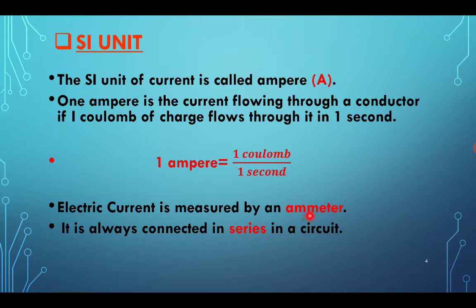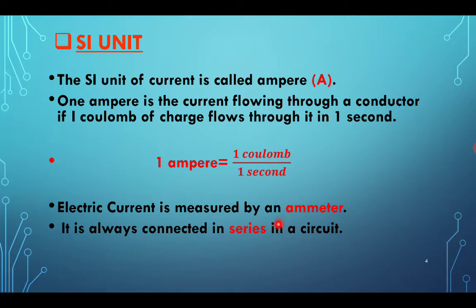It is a device used to measure the electric current through a given conductor, and it is always connected in series in a circuit. The resistance of an ammeter is always low, so that the maximum amount of current can flow through it and it can measure the whole current of a given circuit.